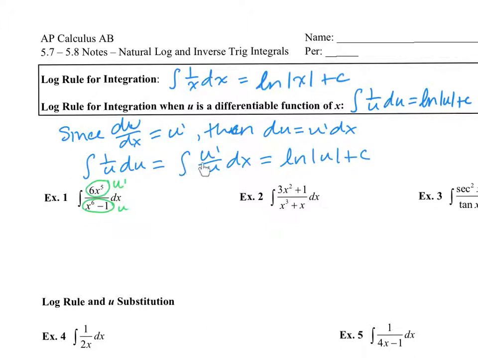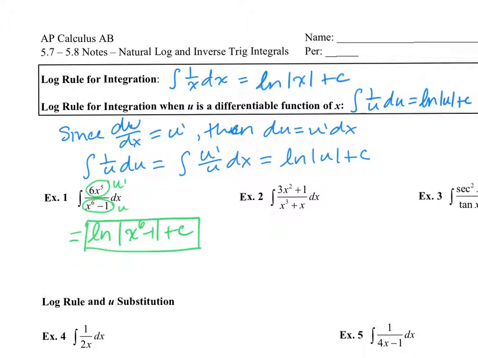We have the integral of u prime over u dx. So the integral is simply the natural log of the absolute value of u plus c. So this integral is simply the natural log of the absolute value of x to the 6th minus 1, plus c.